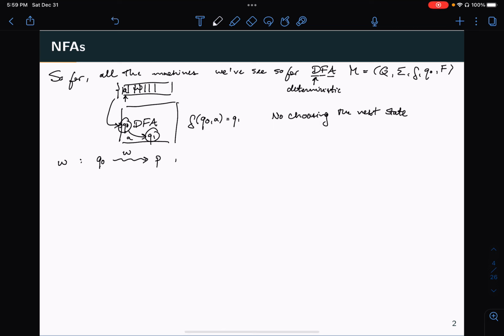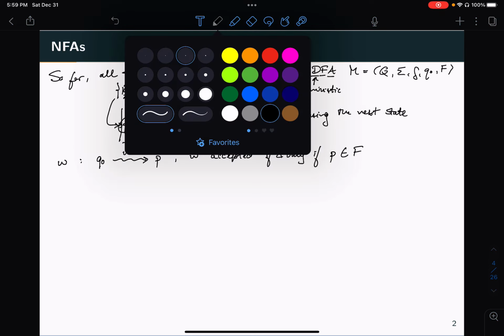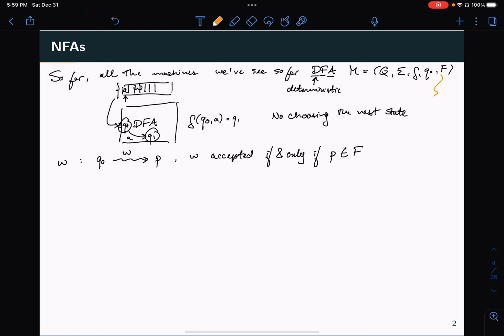And then we said that W was accepted if and only if the state that would be reached while reading W from Q0 belonged to the set of final states of the DFA, right?